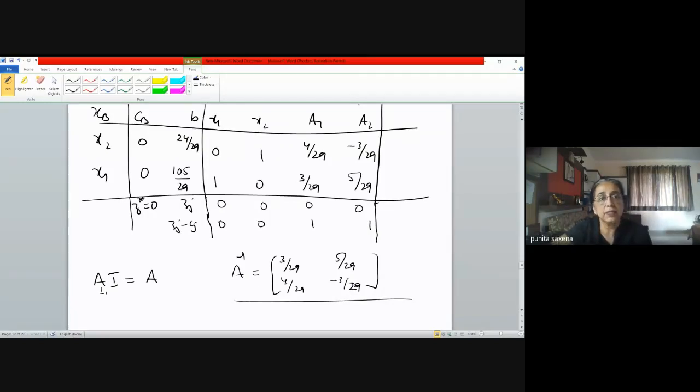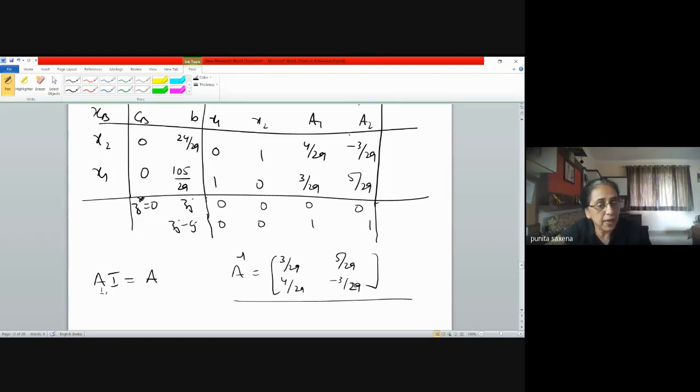Is that clear? Okay. So that means we start with the matrix, we convert it to an auxiliary linear programming problem. We solve it using the simplex method. And whenever we end up, you will always see that this matrix will always get converted to the identity matrix. The matrix under the artificial variables or the matrix under the initial basic variables. That will give you your inverse.